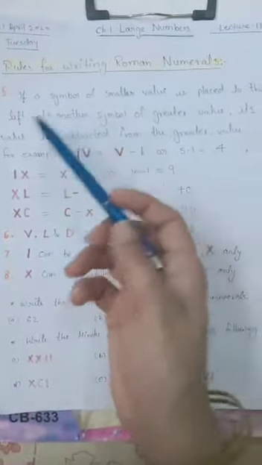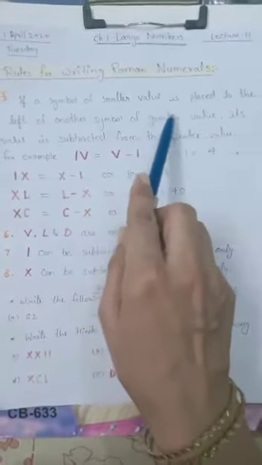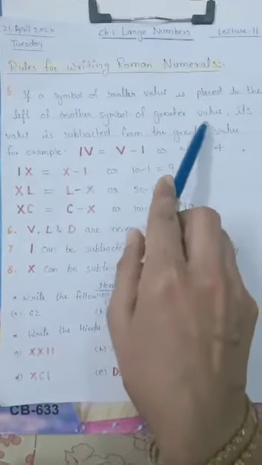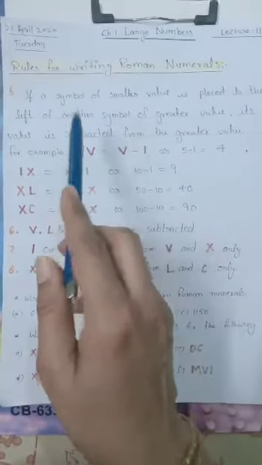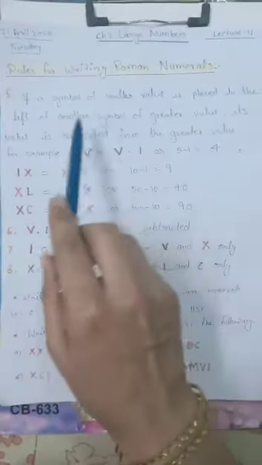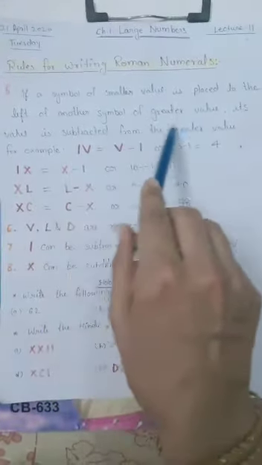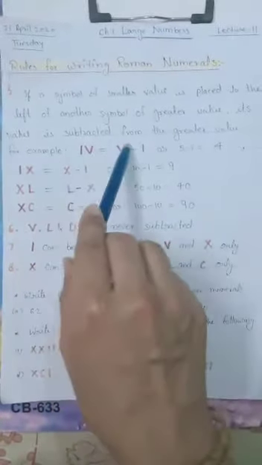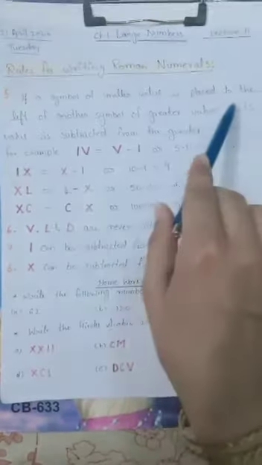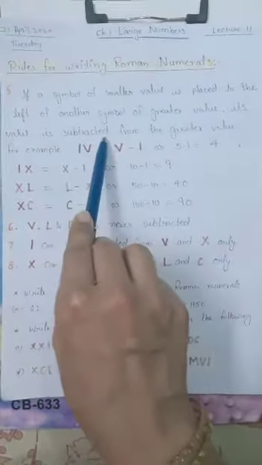According to rule number 5, if a symbol of smaller value is placed to the left of another symbol of greater value... Students, in the last rule we discussed the smaller value at the right place, but in this rule we place the smaller value at the left place. Then its value is subtracted from the greater value. When a smaller value is placed to the left of another symbol of greater value, its value will be subtracted.